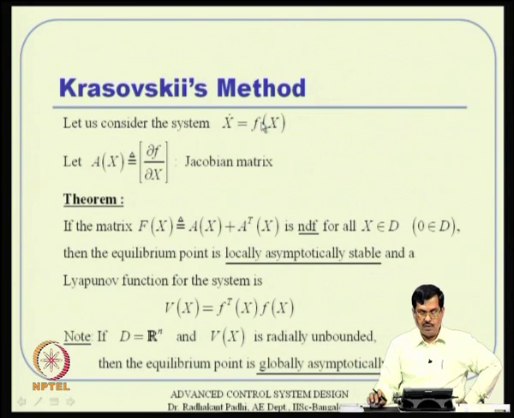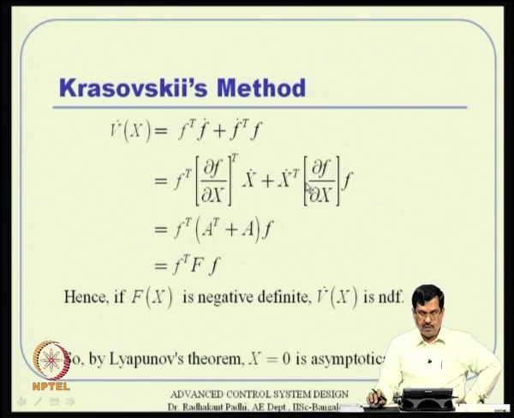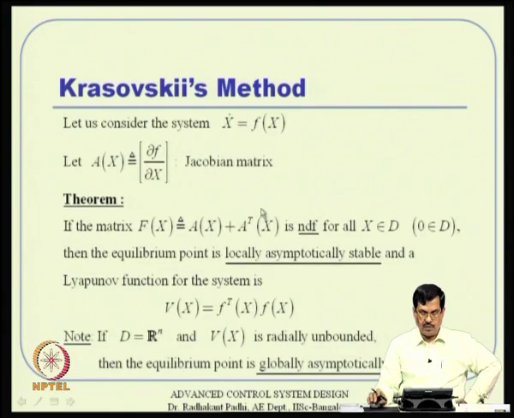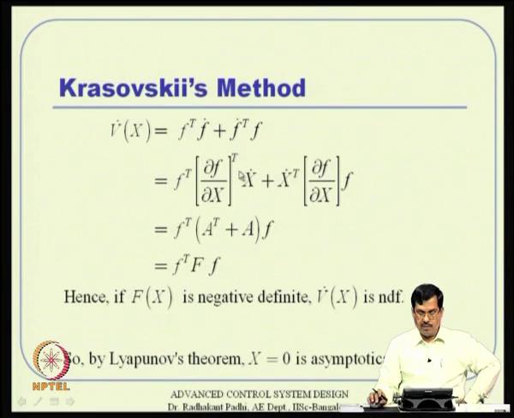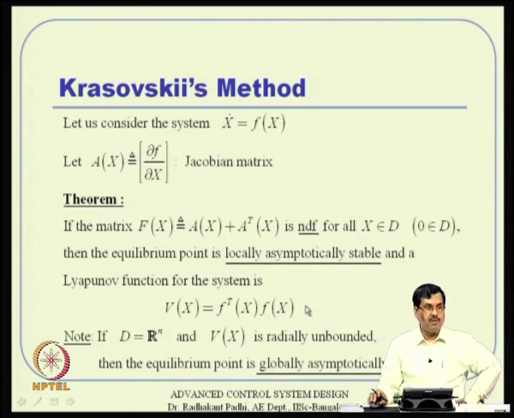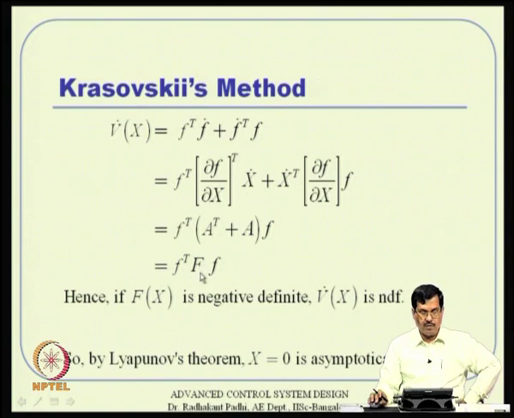Similarly, I do the same thing in the transposed term. Then I substitute x dot equal to f of x, and x dot transpose is f transpose. I will end up with V dot equal to f transpose, big F, times small f, where big F is defined as A transpose plus A.